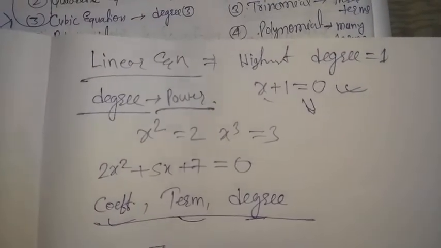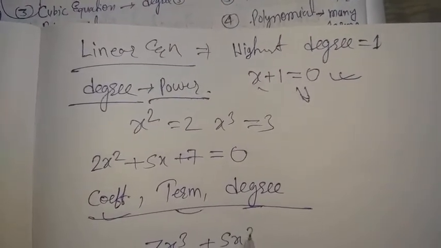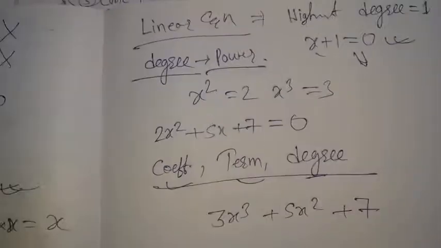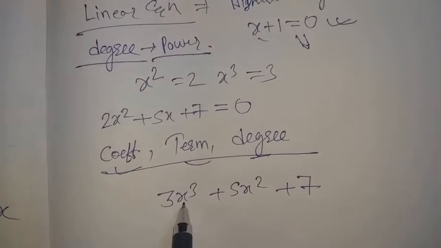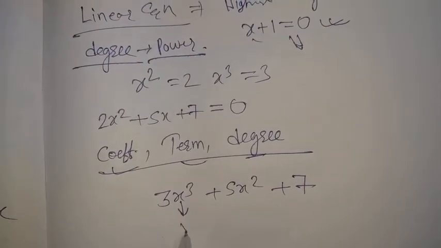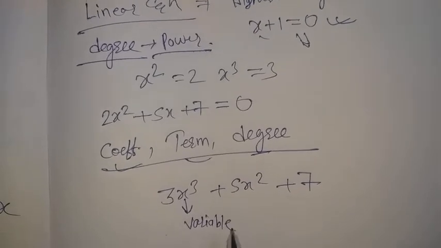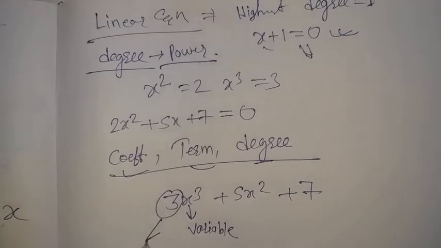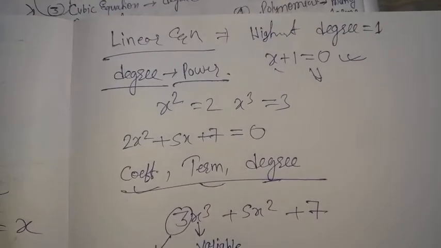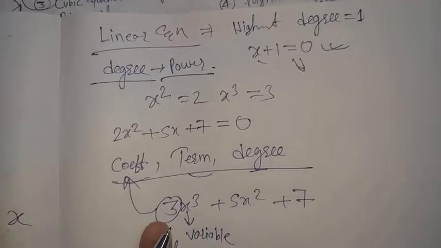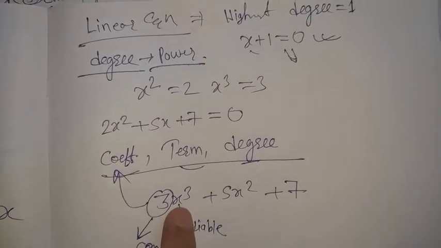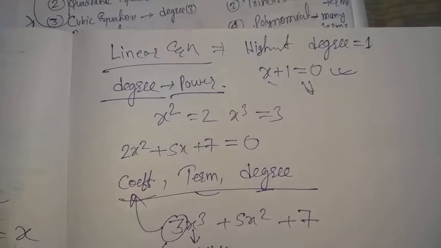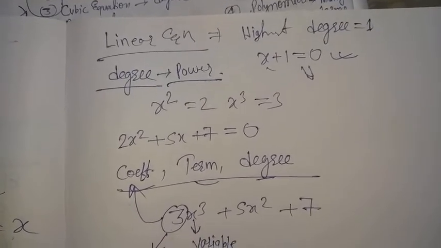Suppose we have the expression 3x cube plus 5x square plus 7. The multiplier of the variable x is 3, a constant. So coefficients are basically constants which are multiplied with a variable.